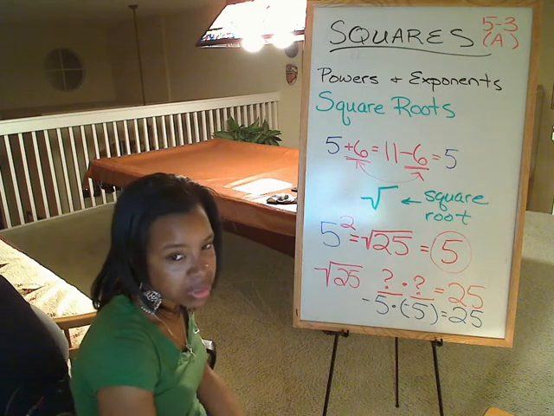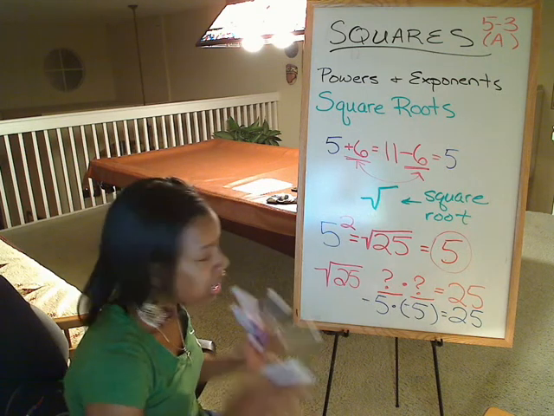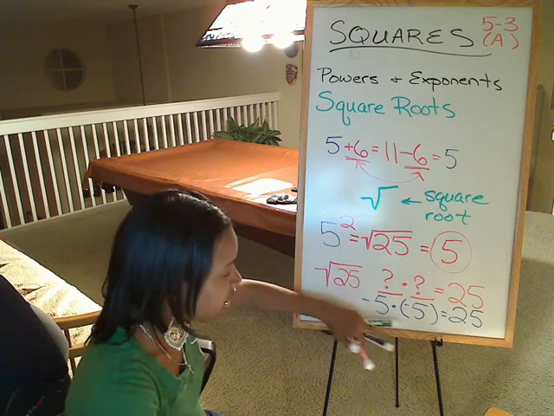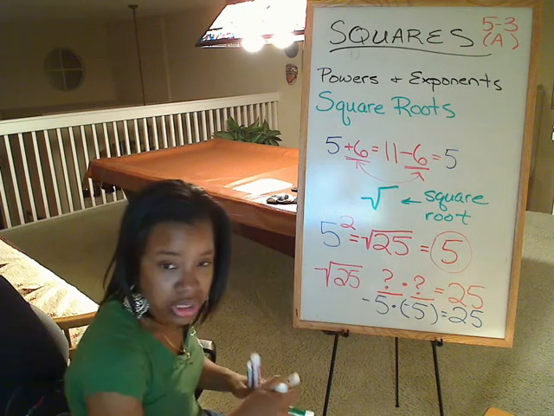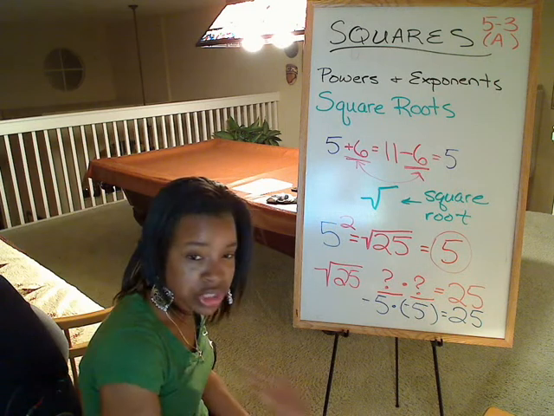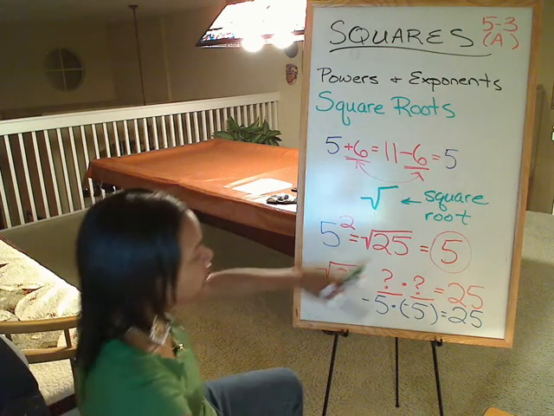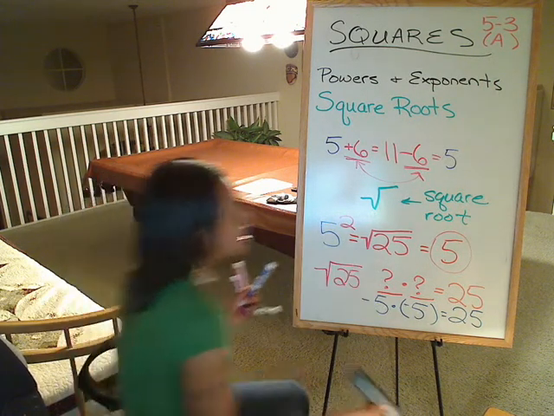So that's always going to be like that. So every answer has a positive and a negative answer. So usually, unless they tell you they just want the positive answer, usually when you answer a square root question, this is how you would answer it.